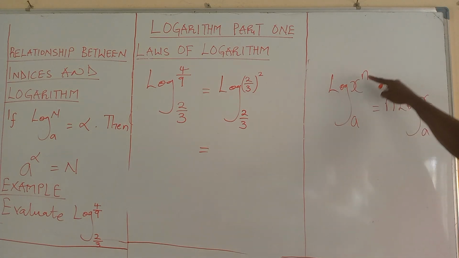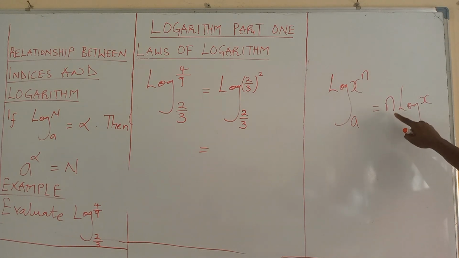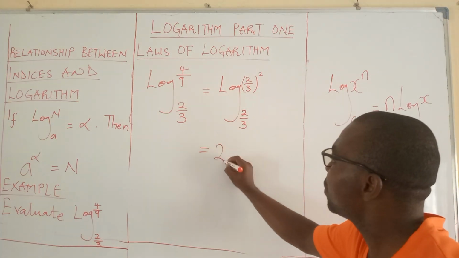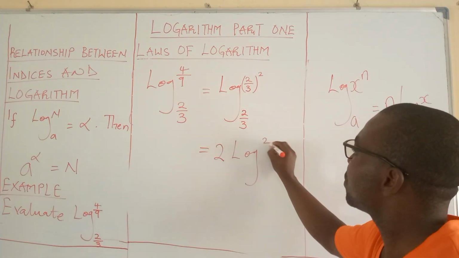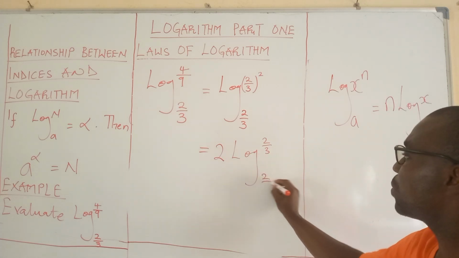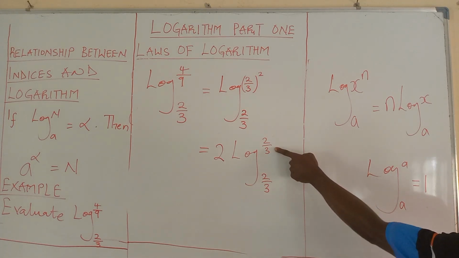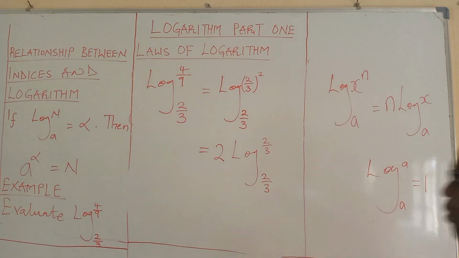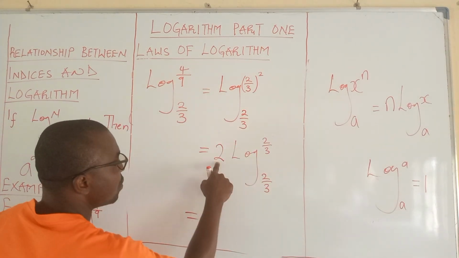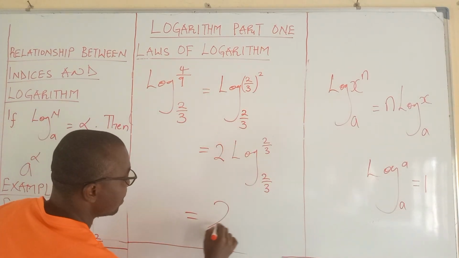So applying that law, this will give me 2 log 2/3 base 2/3. And there's also another law that says log of a number to the same base, log a base a, is equal to 1. So if you look at this, log of this to the same base is simply equal to 1. So what we are having here is 2 times 1, and that is the answer.